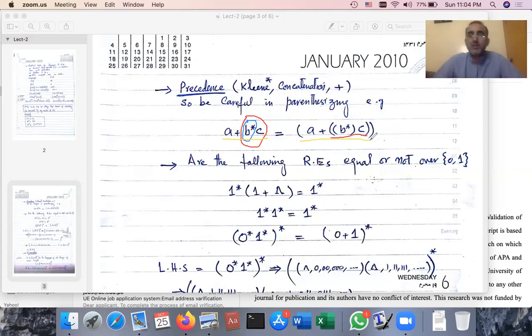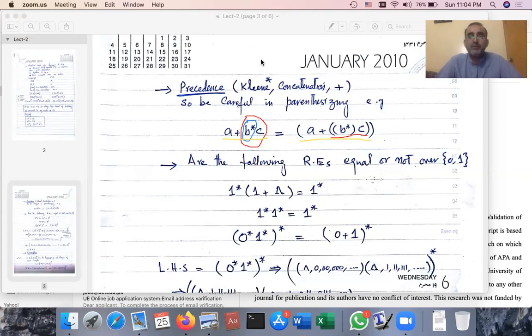So with this example, you are seeing that the first precedence is the Kleene star, then the second precedence is concatenation, and then the third precedence in this regular expression is the union. So this is the precedence here.